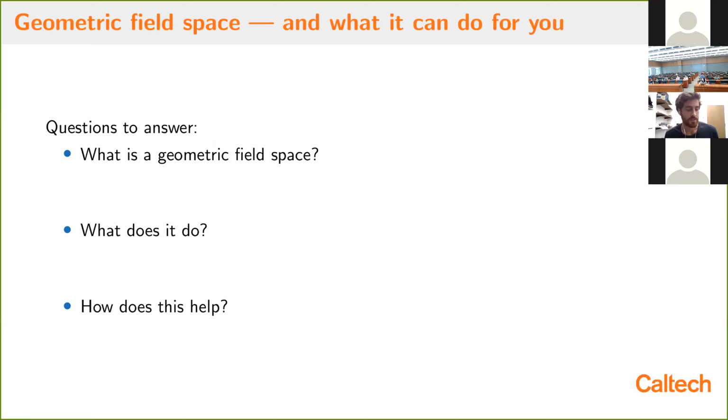I will try to answer some questions during the talk. I'll explain what I mean by a geometric field space, show some direct consequences of organizing your calculations in this way, and at the end, I'll try to explain why this is a helpful and useful way of thinking.